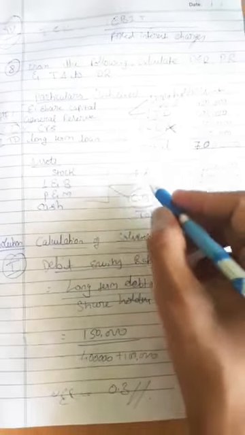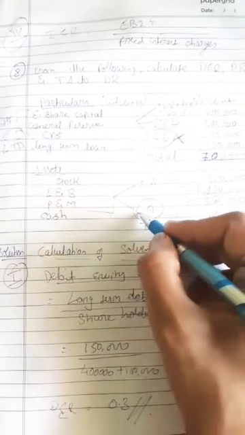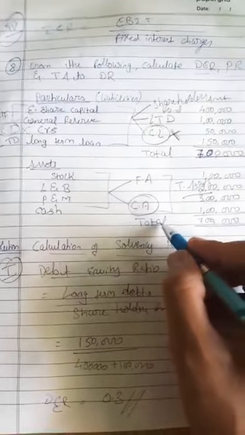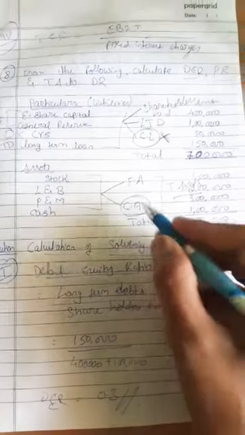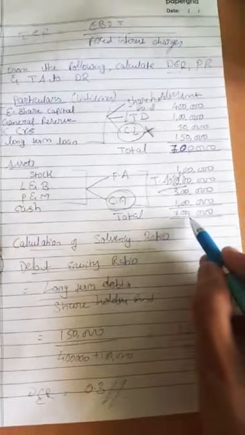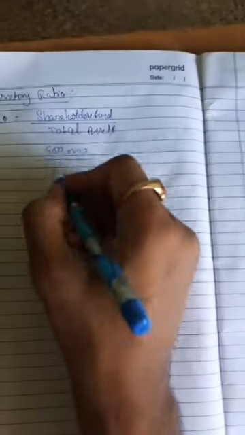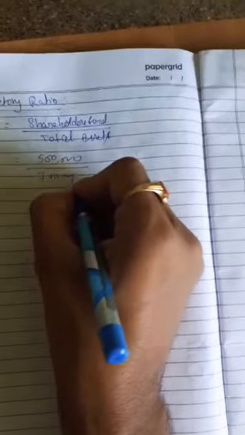Clear? But we will consider your current assets. So including your fixed assets plus current assets is known as your total assets. Stock, land and building, plant and machinery, cash, including all these 4, the value of your assets is 7 lakh. Hence the total assets value is 7 lakh.